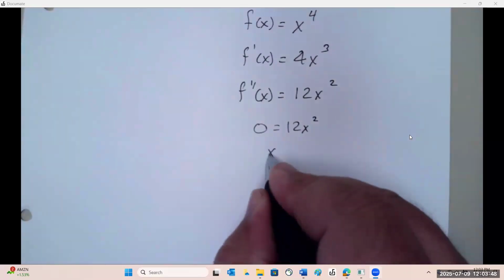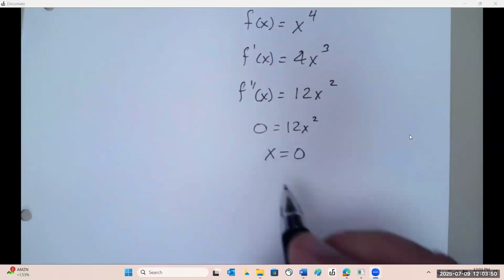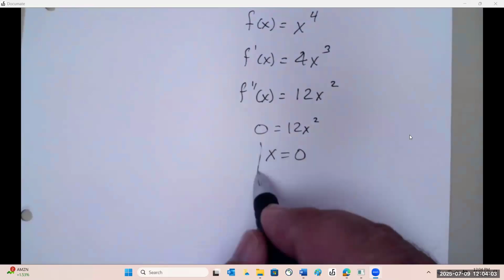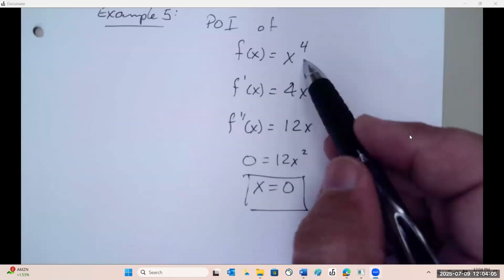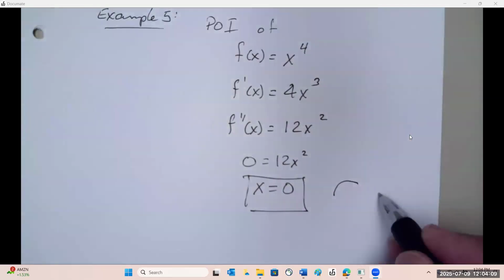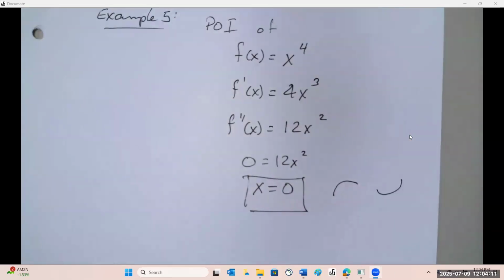And it equals 0 when x is 0. So is that the point of inflection? Trick question. Well, let's see. Does this satisfy with what we're saying here? Point of inflection has to be between two different concavities.